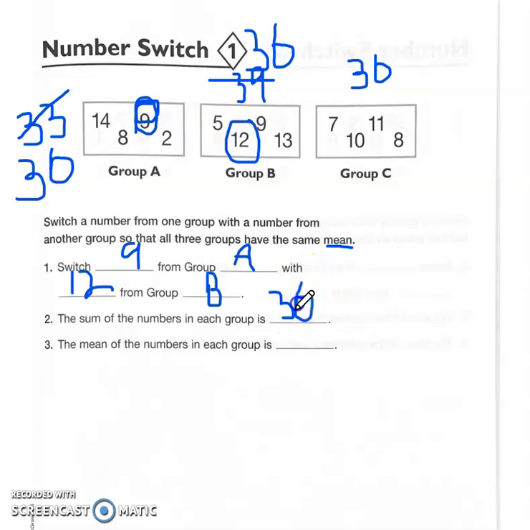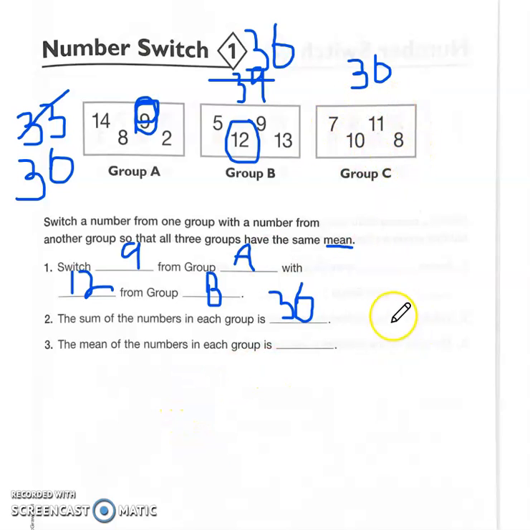Which would mean what would their mean be? What would the average number be for each one of those groups? If the sum is 36 and I have 4 numbers in that set, we said we divide the sum by the amount of numbers there are.